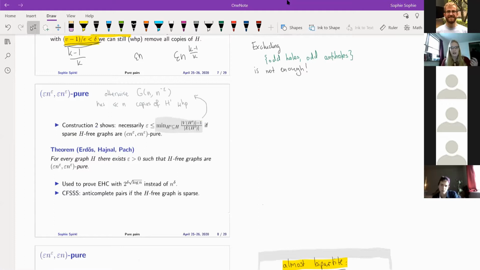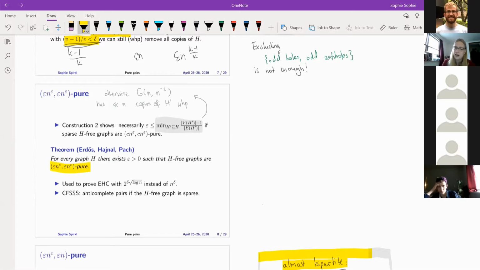So the first thing that we saw is, we can show that for some graphs, we might need to go to n to the epsilon for some epsilon less than 1. But this theorem of Erdős–Hajnal and Pach tells us that we've scaled down our ambitions enough. Now we've gone to something that actually works, which is if we exclude any graph H, then we do get a pure pair with both sides of size n to the epsilon for some positive epsilon.